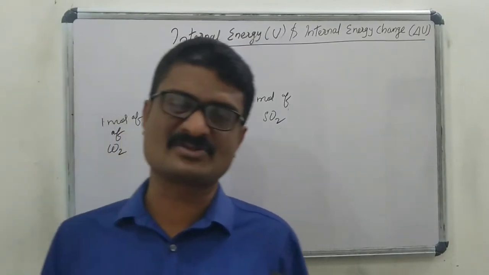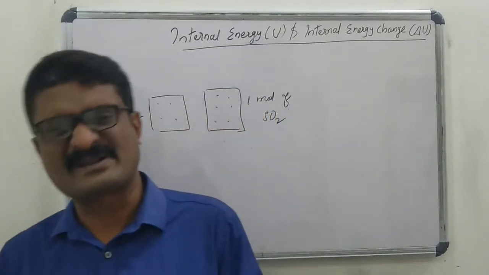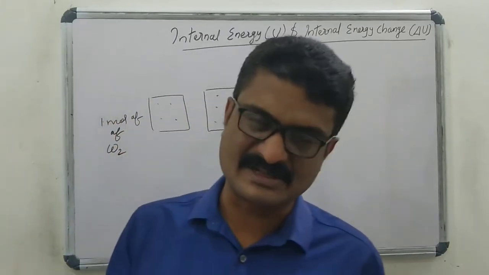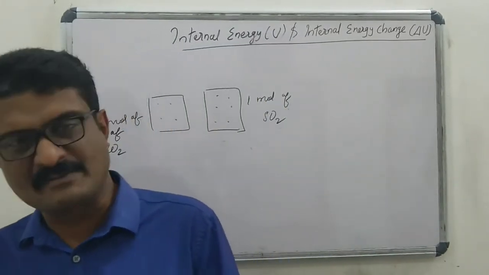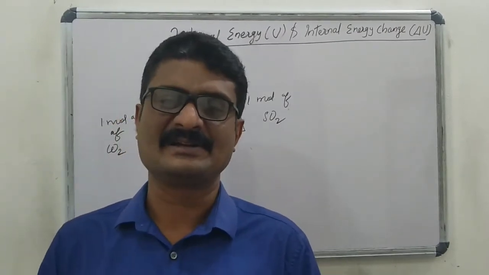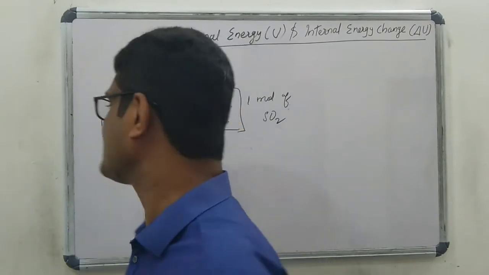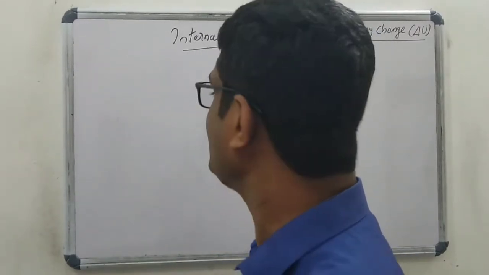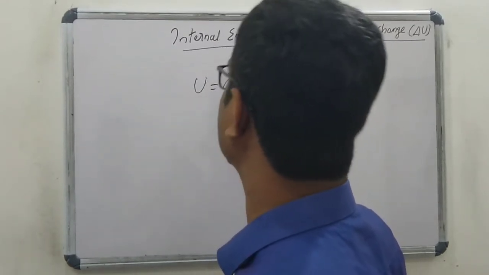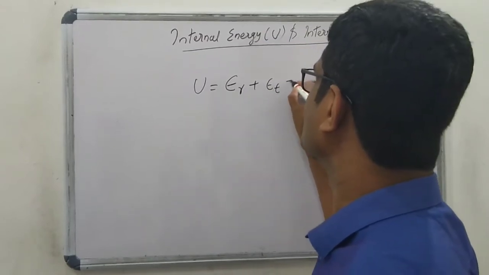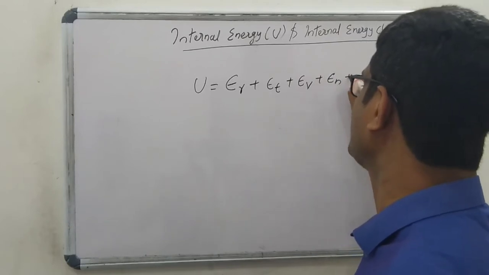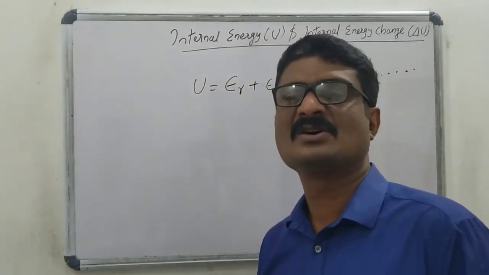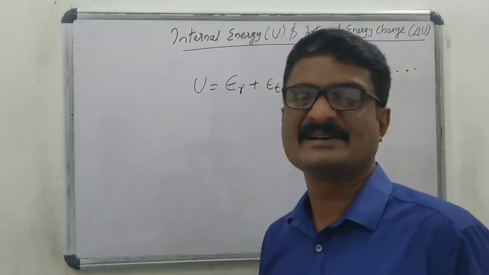Yes, we know the atoms, molecules or ions present in a system possess different types of energies, meaning translational energy, rotational energy, vibrational energy, nuclear energy, potential energy, etc. Then we can say that internal energy, symbol U, is the sum of different types of energies possessed by the atoms, molecules or ions within a system.